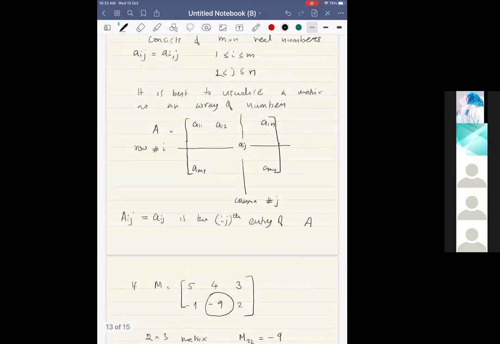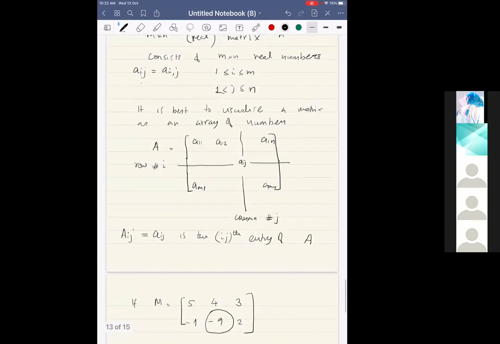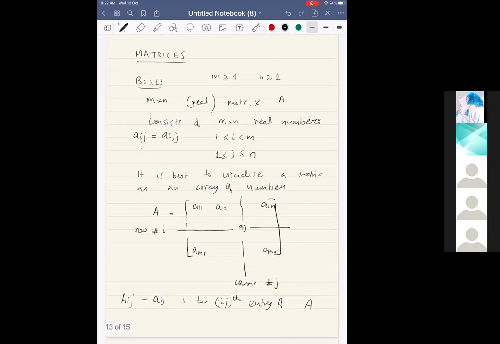The point is that this is a matter of notation and philosophy more than anything else. Sometimes I start with the array of the entries being given, and then I have to put the entries together into a matrix.